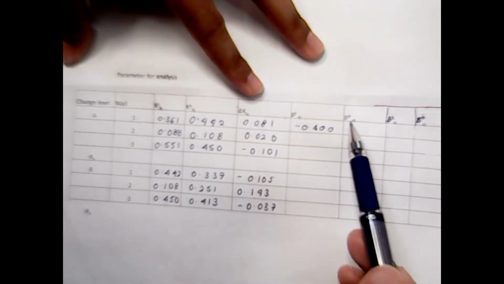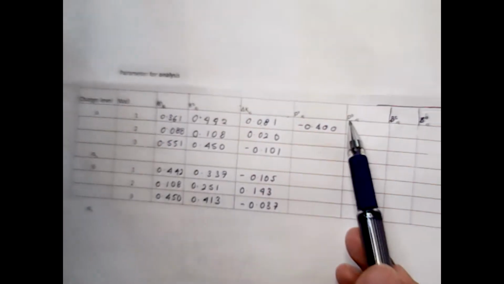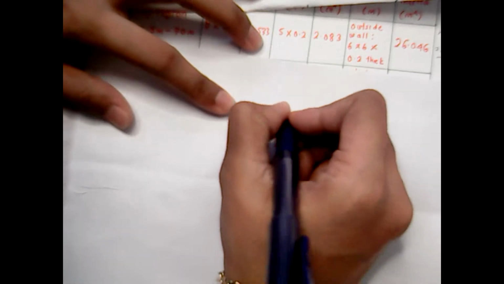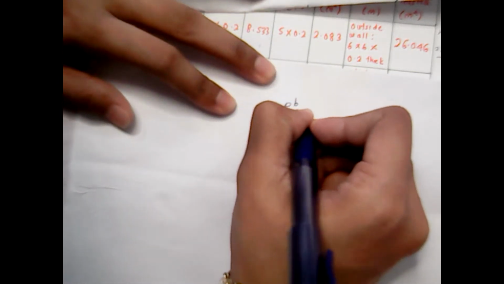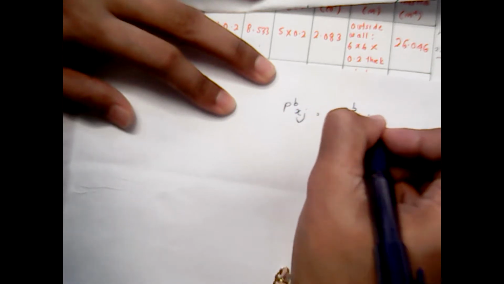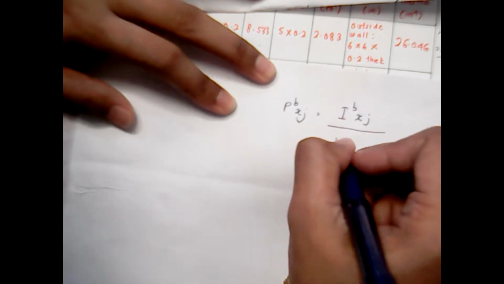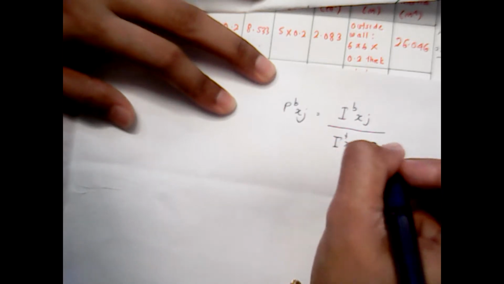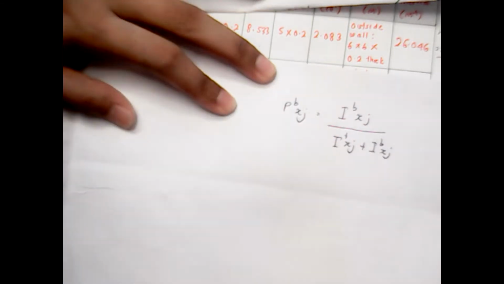Okay, so if you are talking about bottom, meaning that for the bottom's factor, you may calculate by using the bottom coefficient, which here is PBXJ equivalent to IBXJ divided by ITXJ plus IBXJ.